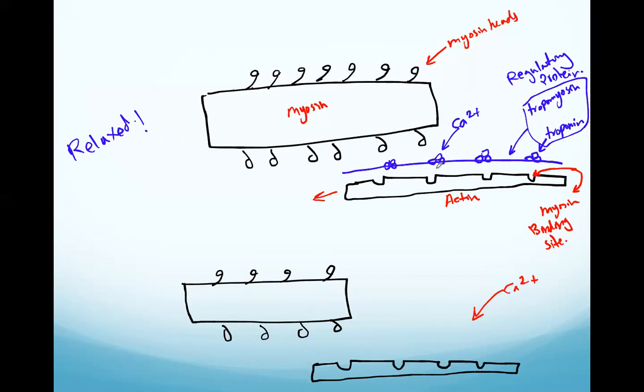So if I'm pulling or moving the troponin from that site, it's also going to pull away the tropomyosin. So calcium connects to the troponin, moves the troponin out, and with it you're moving your tropomyosin. That allows what? The myosin binding site on the actin to free up, which is what I depict here.